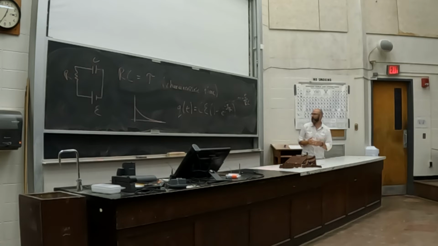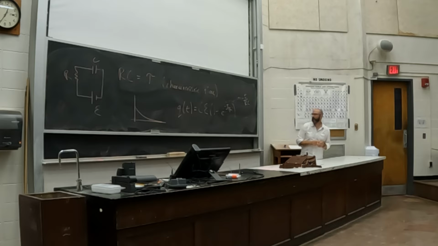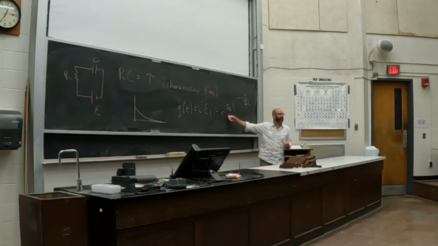Doesn't matter to me how you write it, as long as you understand that this tau is your characteristic time given by RC. All right. So we have the decaying exponential here. We know it's decaying because the argument of the exponential function is negative, right? If this were not negative, it would be not decaying.